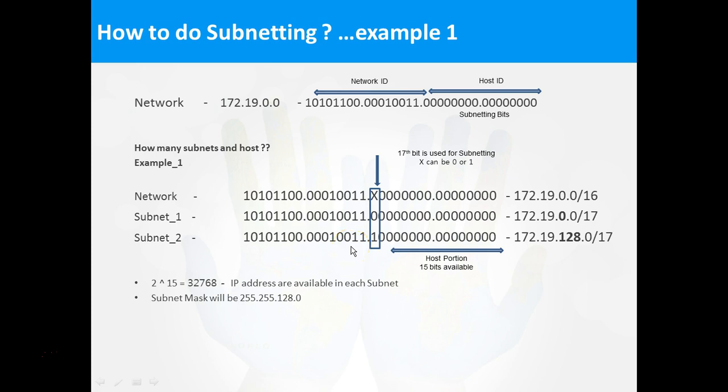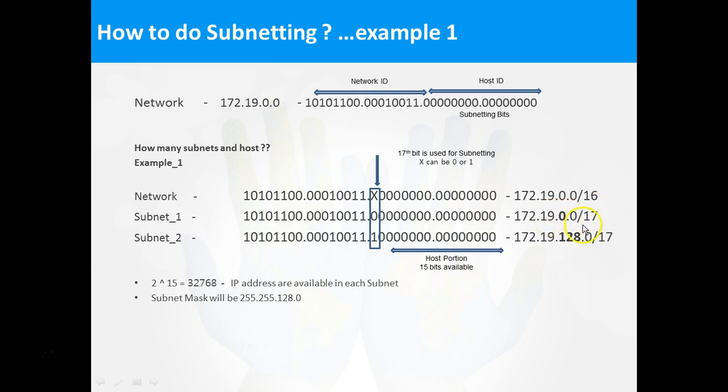If I place 0 in the X place, I get subnet number 1. When you decode these binary bits into decimal, you get 172.19.0.0. Converting the 8 zeros into decimal, you get 0. Now you should see the CIDR bit.